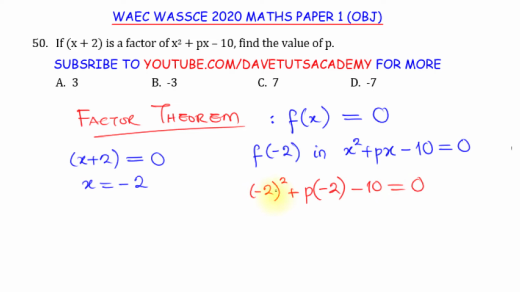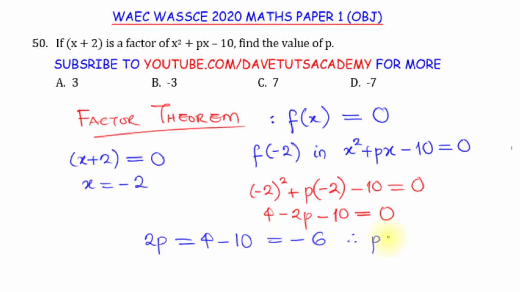So minus 2 raised to the power 2 is 4. p multiplied by minus 2 is minus 2p. Then minus 10 is equal to 0. If you collect the like terms, we take minus 2p and we rearrange. What we are going to have is that 2p is equal to 4 minus 10, and that is minus 6.